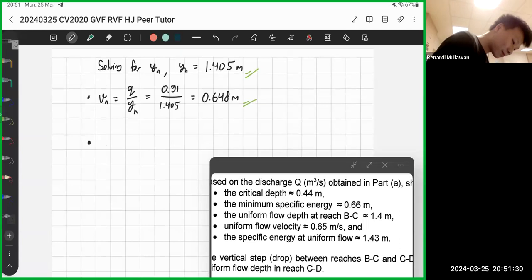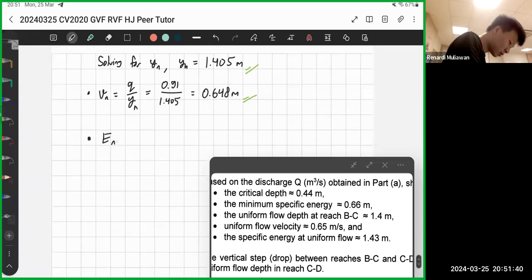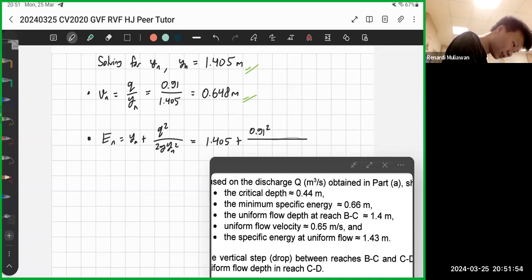But anyways, specific energy at uniform flow. Again, you cannot use the q/2y form because it's not critical energy. You must use the full form. So the full form is y plus q squared divided by 2gy squared. So E is 1.405 plus 0.91 squared divided by 2 times 9.81 times 1.405 squared.